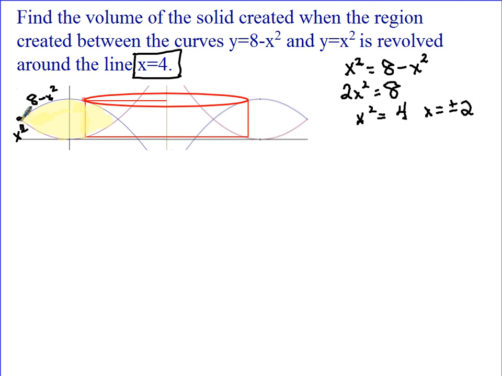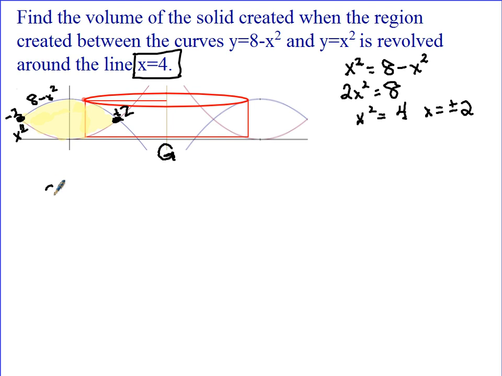So over here, this is negative 2, and over here this is positive 2. So we have both of those points there. Okay, so now we could try and do this in y, which is what we'd have to do, right? Anything parallel to the y-axis, we would integrate in y, but that would get really ugly. So let's try it with shells.